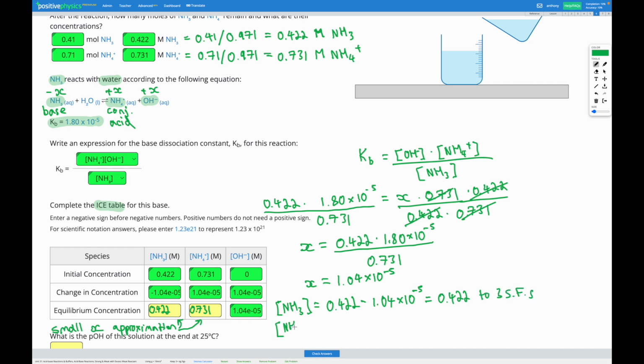Let's check for NH4 plus. We had 0.731 and we're adding 1.04 times 10 to the power of negative 5. If I put that into my calculator, again, I'm just going to get 0.731 when we round to 3 significant figures. So there's essentially no change in our numbers from the initial to the equilibrium because the x was so small. So we can go ahead and fill those numbers now.